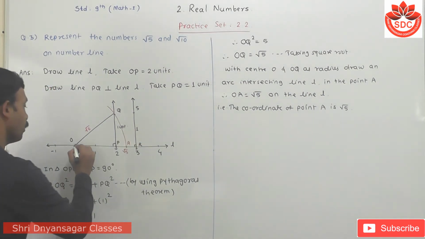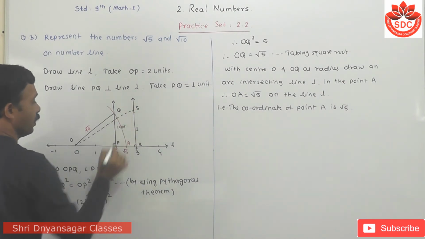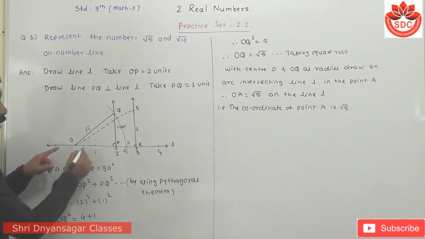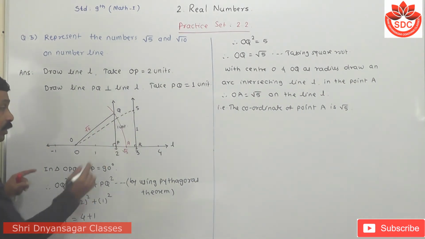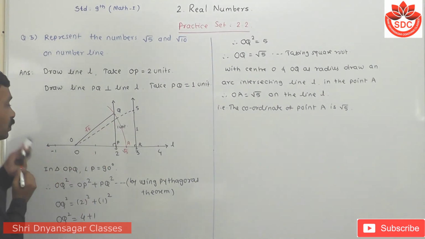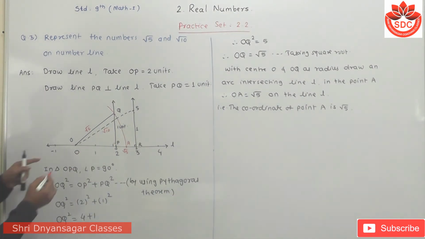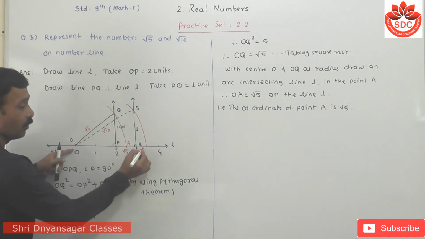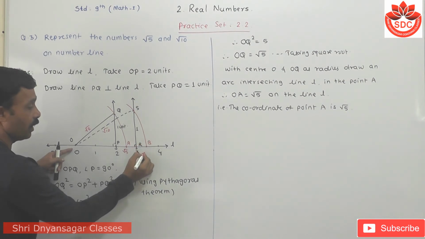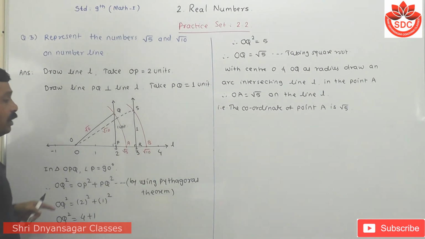Then join the segment OS. When we find the value of OS by using the Pythagoras theorem, it also becomes root of 10. Then we place the compass point at O, take distance up to S and draw an arc which intersects the line at, suppose, point B, and this point B indicates the coordinate root of 10.